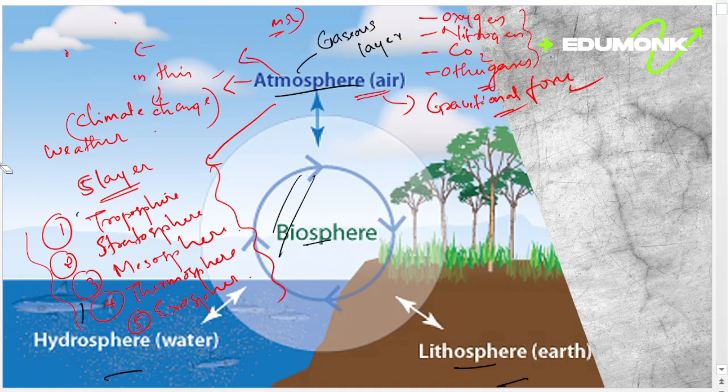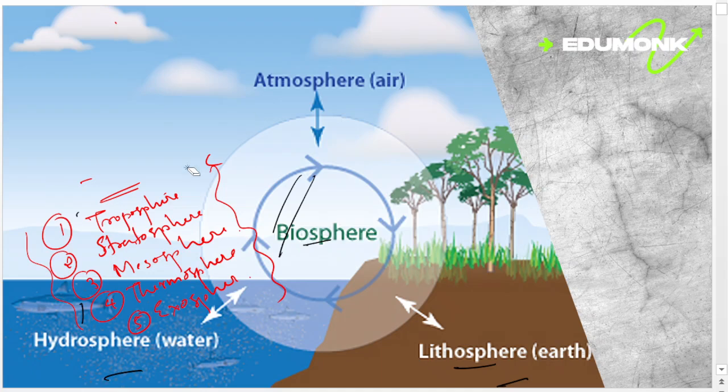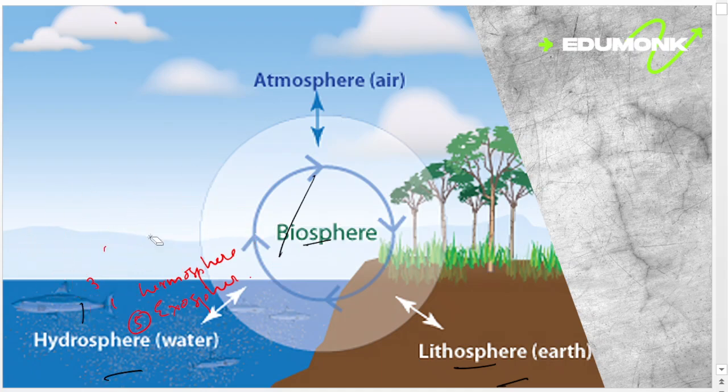Then here, you should understand an interesting fact. 99% of clean and dry air in the atmosphere is composed mainly of oxygen and nitrogen.